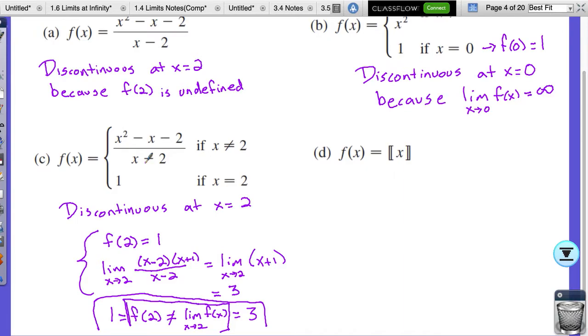All right, what about D? What the heck is that? Anybody know? Kind of looks like an absolute value inside of a bracket or double brackets. This is a function, I think you might have seen it on that graphing card sort. This is called the greatest integer function.